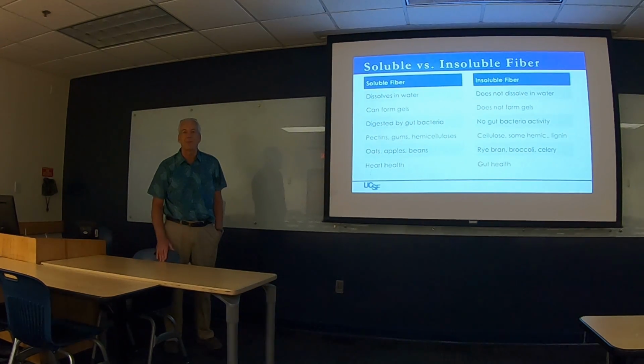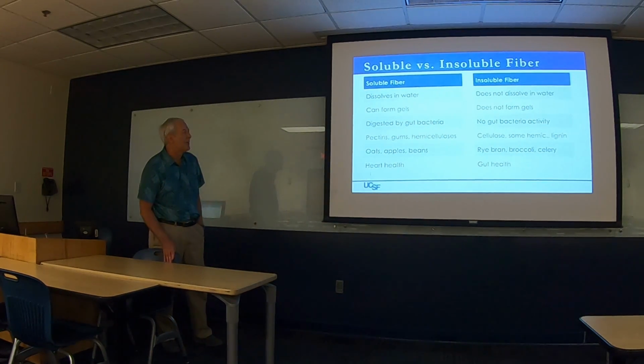If anybody's ever eaten corn and not chewed it appropriately, you can sometimes see whole kernels popping up within your feces, unaltered. So that's just an example of how the cellulose doesn't get broken down.